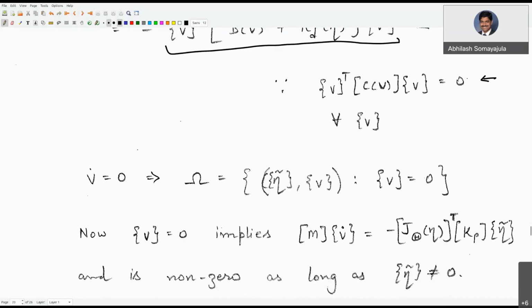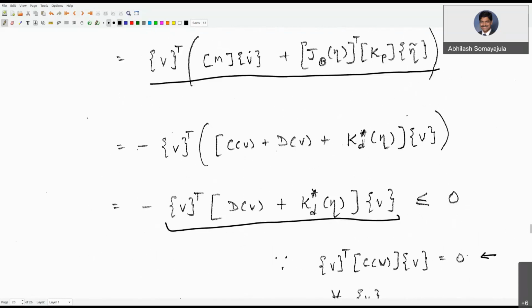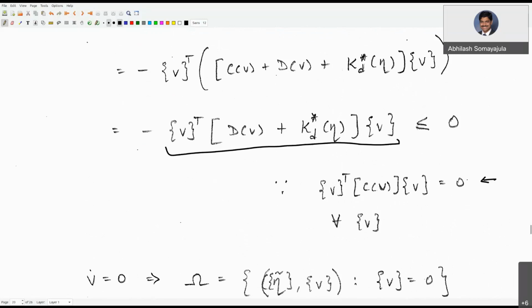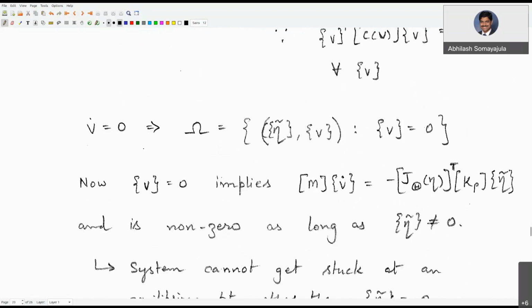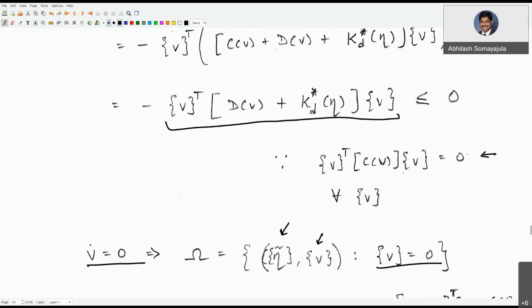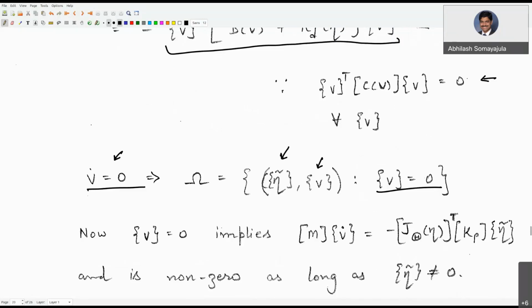Therefore we see that the system is at least locally stable, and we first try to observe when this V dot is equal to 0. The set of points where V dot is equal to 0 corresponds to where eta tilde and V are chosen such that V is equal to 0. That is the total set of points where V dot will be equal to 0.